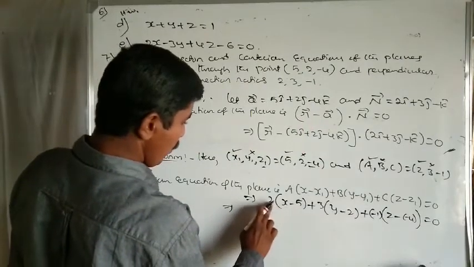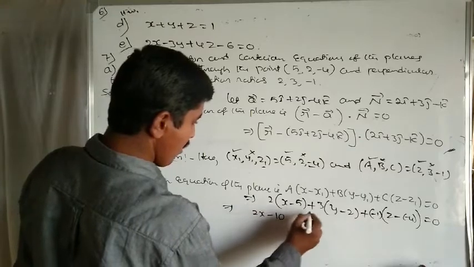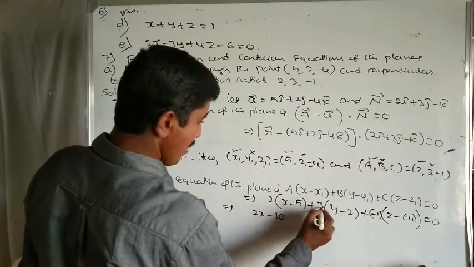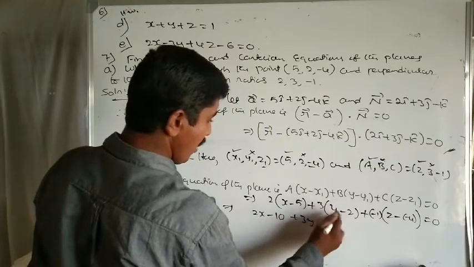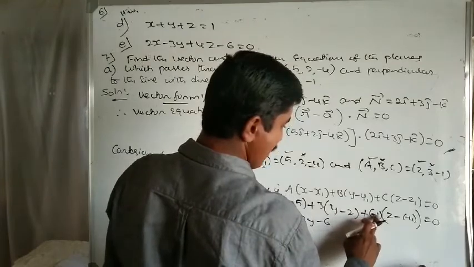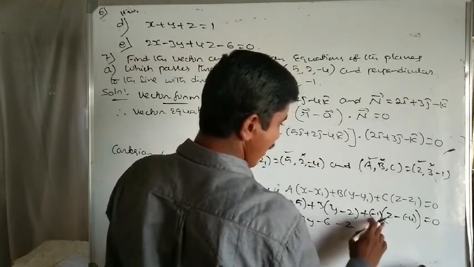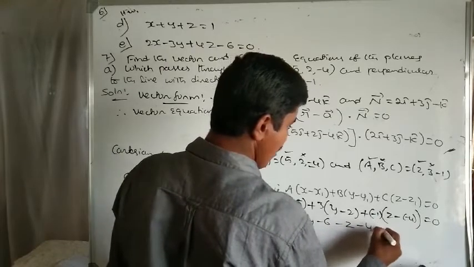Multiplying these, 2 into x is 2x, 2 into minus 5 is minus 10; next, plus 3y, and 3 into minus 2 is minus 6; now minus 1 into z is minus z, and minus into minus is plus, so plus 4 is equal to 0.